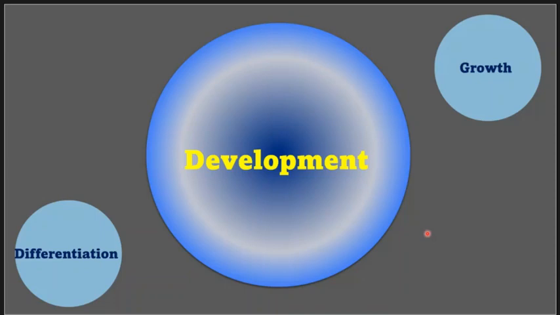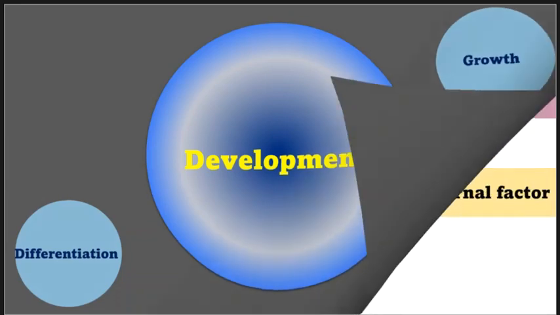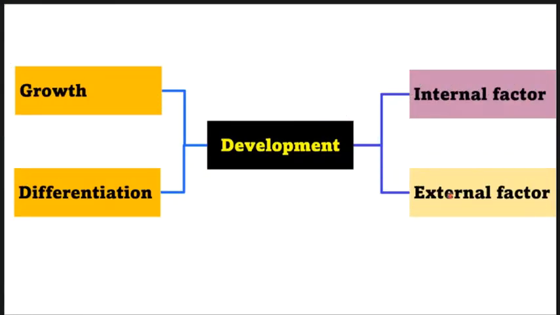So development of a plant is both a qualitative and quantitative process, and this physiological process requires many inputs, and the relationship can be briefed in the following manner. Here we can see development as the central idea in plants, and growth and differentiation together form the development. This development is not only intrinsic in nature, but there are extrinsic factors also.